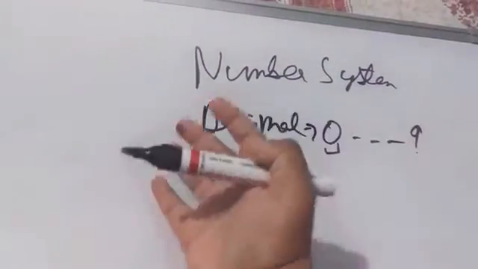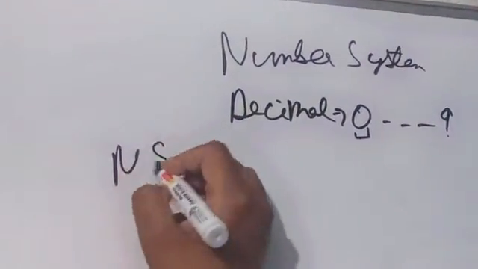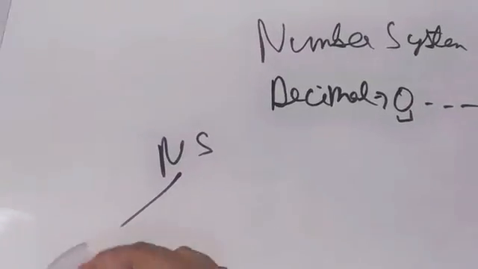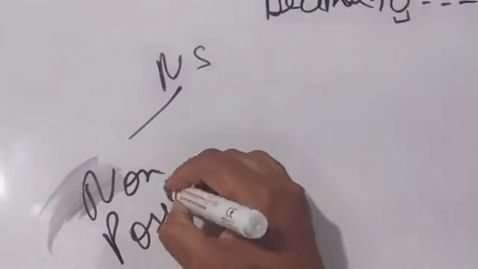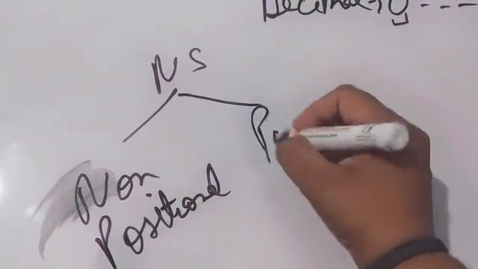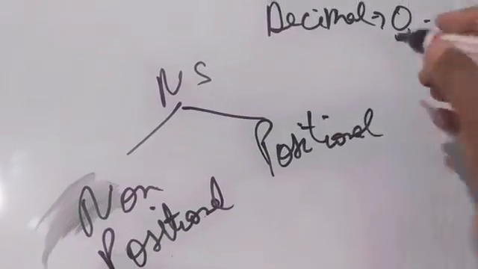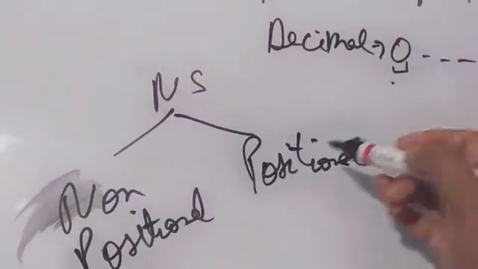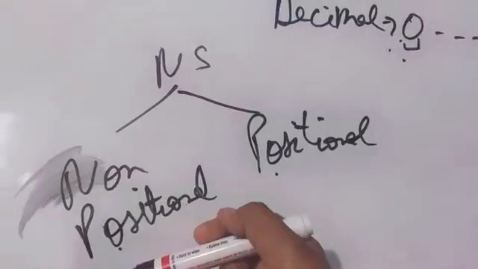Prior to this decimal number system, there were two kinds of number systems: first, non-positional, and second, positional number system. Prior to the decimal number system, non-positional number systems were used, because the decimal number system is in the category of positional number systems.